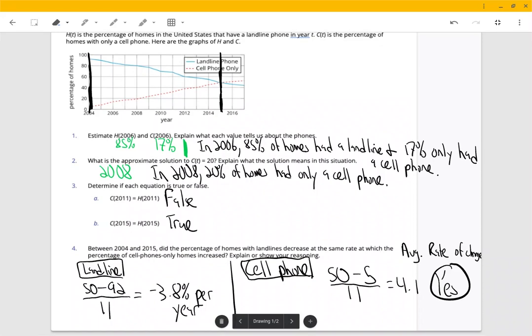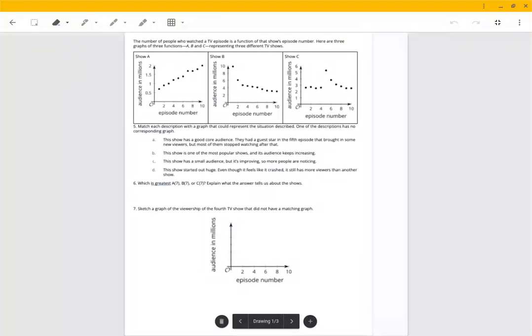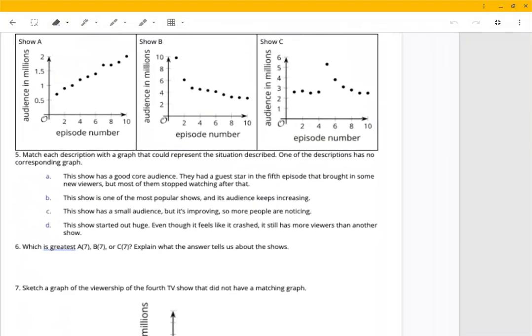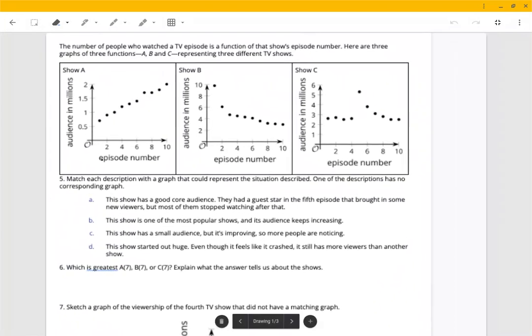Okay. So that is it for the back of the first page of the handout. Let's go to the last page of the handout, and then that will be it for today's lesson. Okay. So the number of people who watched a TV episode is a function of that show's episode number.